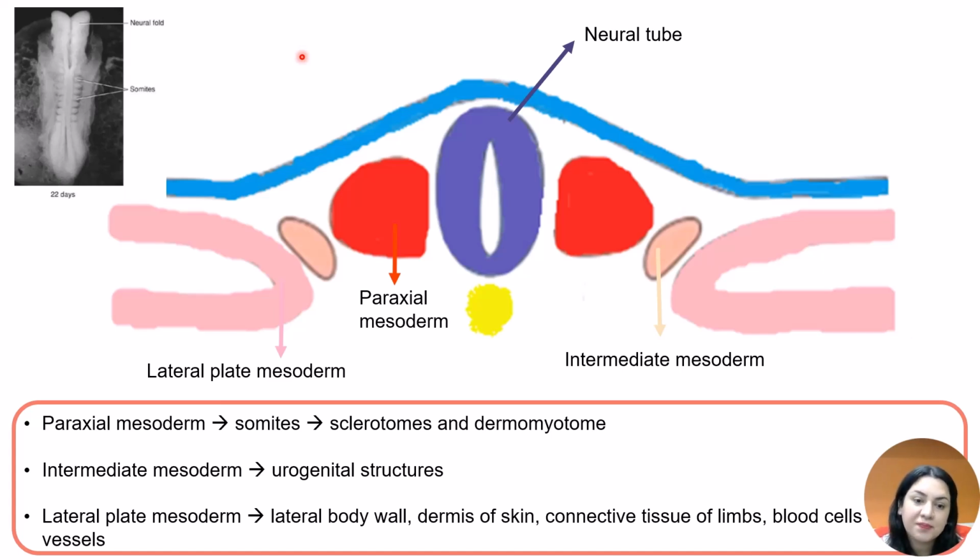All of this we will keep looking at as we discuss the development of the different organ systems in the body. So that's the paraxial mesoderm, a lot of derivatives.